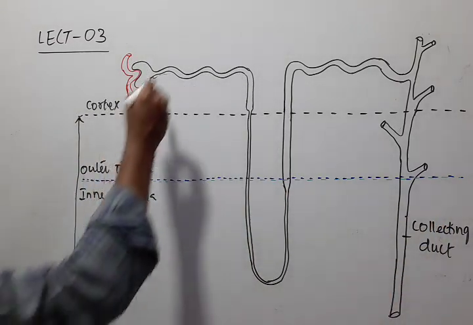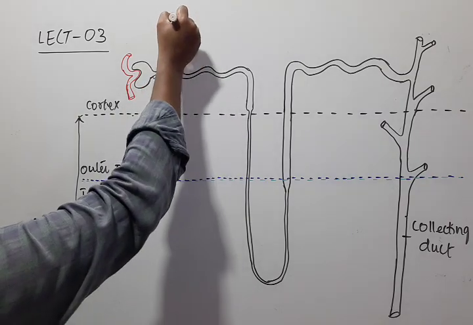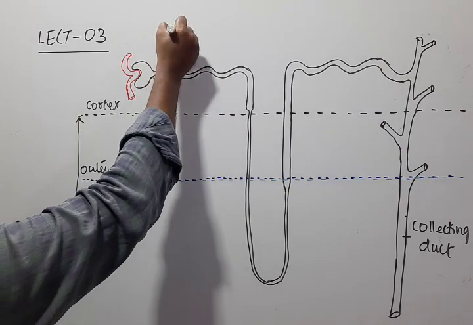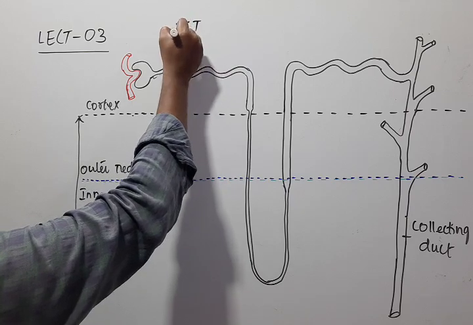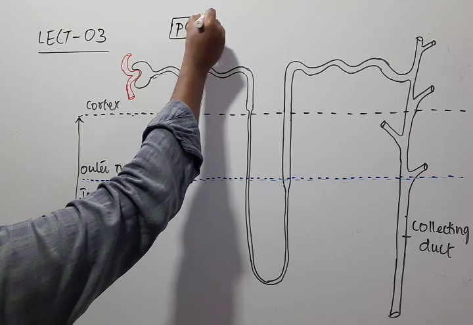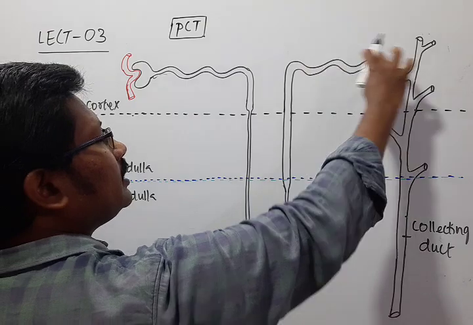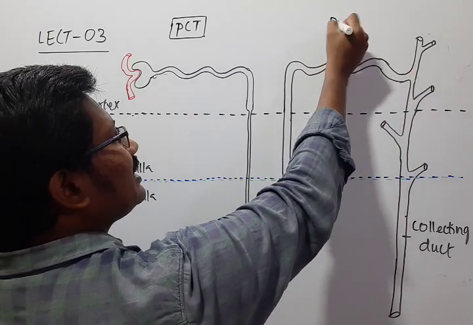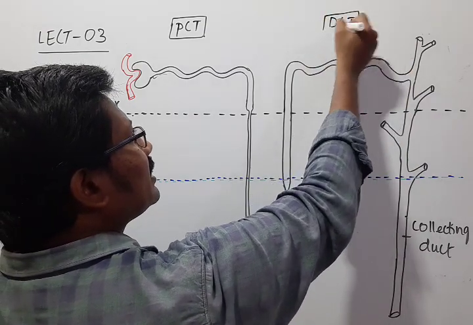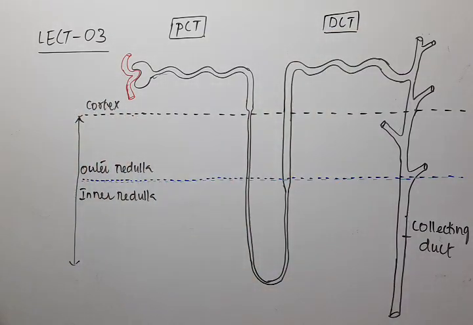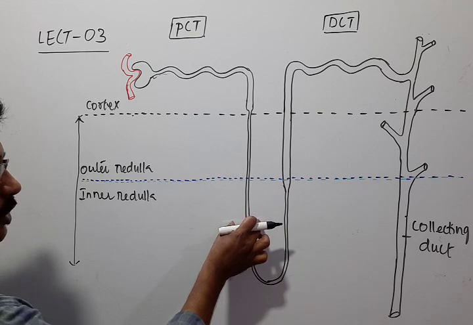This portion is the PCT, the proximal convoluted tubule, and this portion is the DCT, the distal convoluted tubule, and this is the Henle's loop.